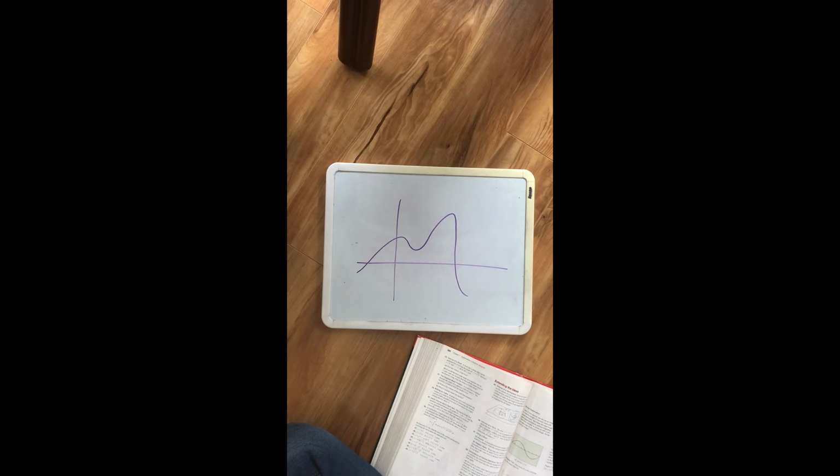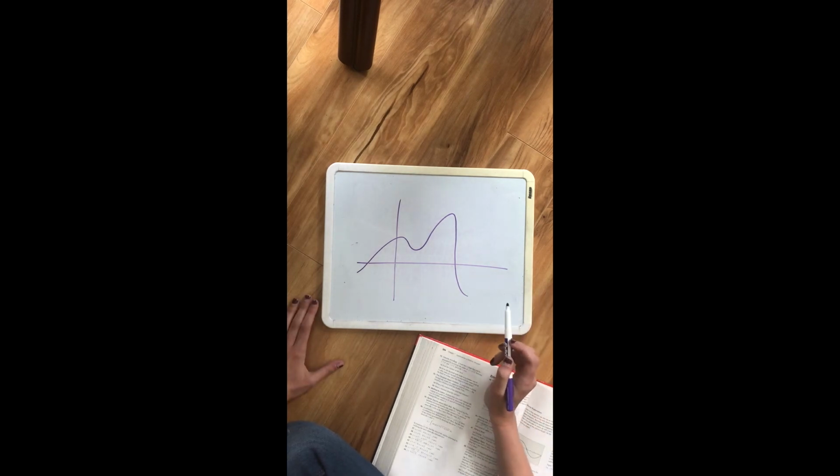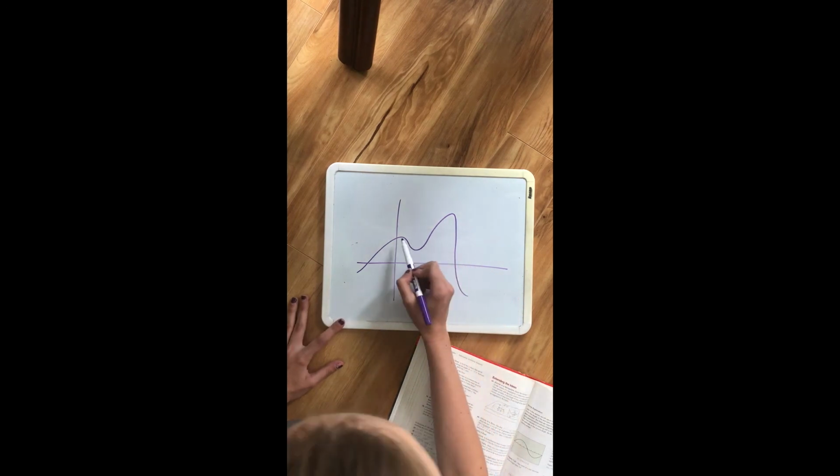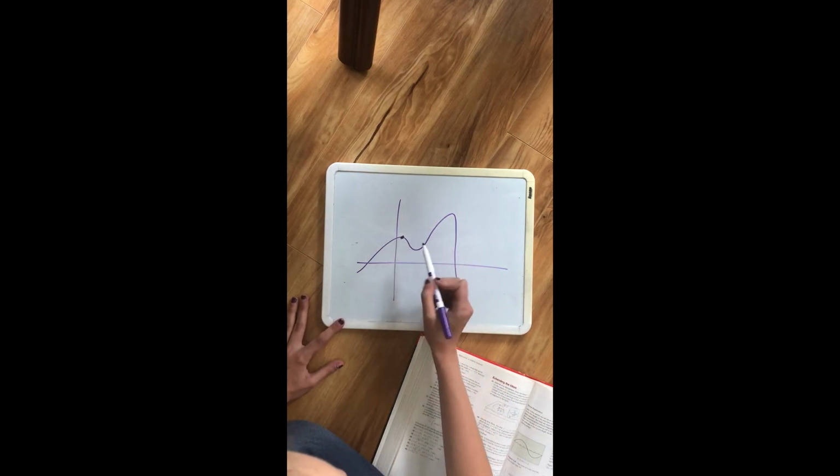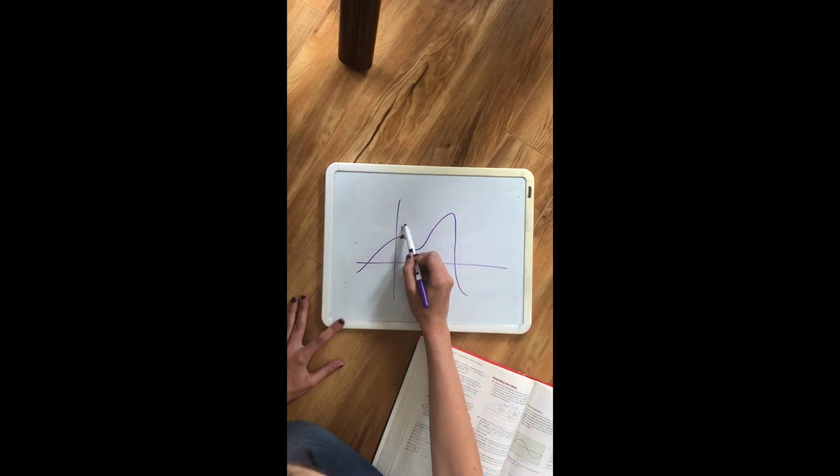And the local min is the height of the function at which it is less than or equal to the height anywhere else in that interval. So what that means is it's not the highest point, but it's not the lowest point. So the local maximum, well, there could be more than one, but this is the local max. And this is the local min.